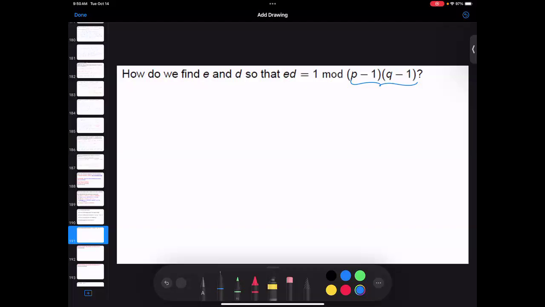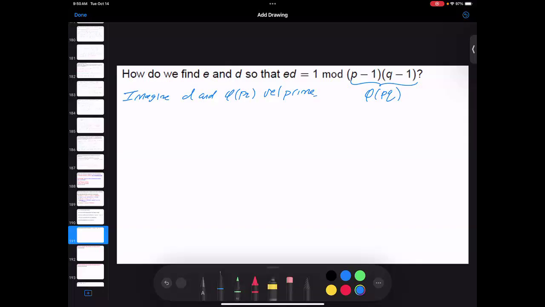So this was the same as phi of pq. The number of numbers relatively prime to pq. It was the number of elements in the multiplicative clock group. And so imagine d and phi of pq are relatively prime.